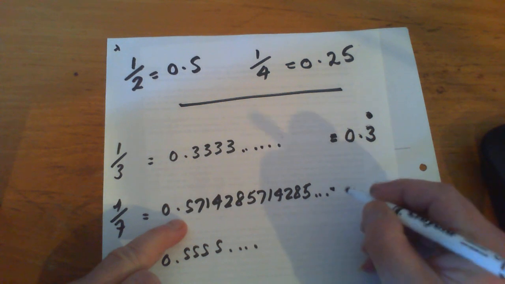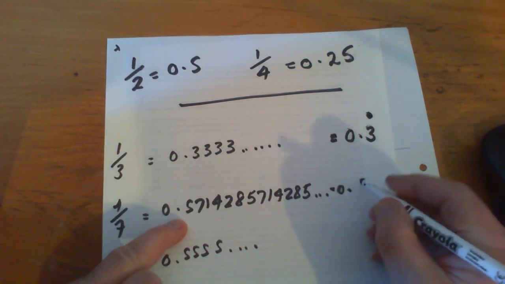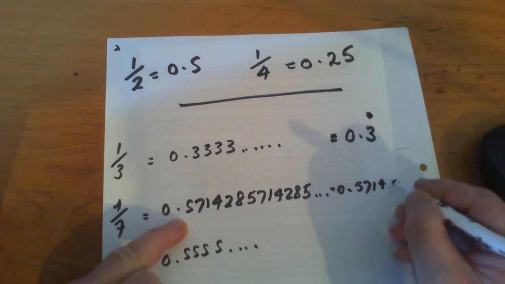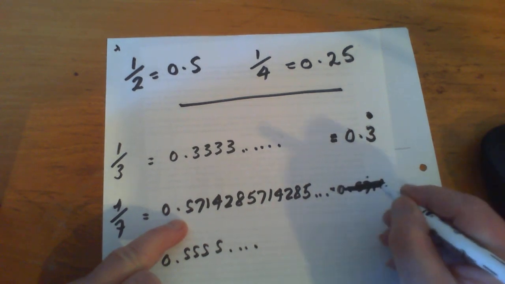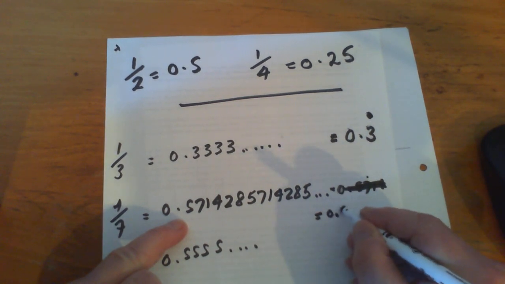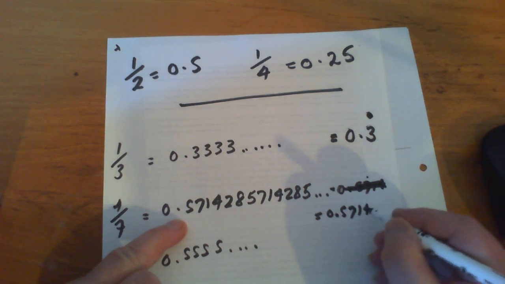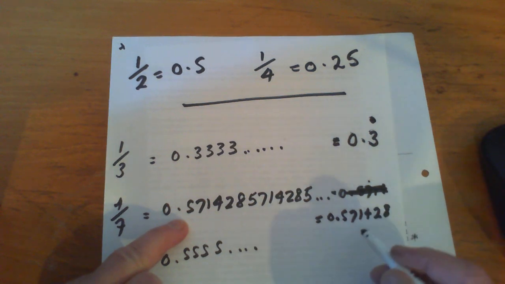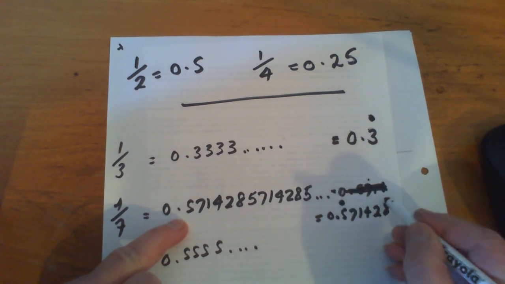I don't know if I can fit it in. 5, 7, 1, 4. I'll have to put it down here. 0.5, 7, 1, 4, 2, 8. Yeah, and then it recurs again, and I would denote that as something like that.